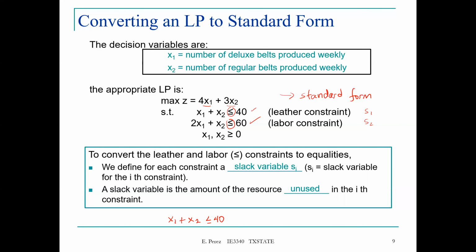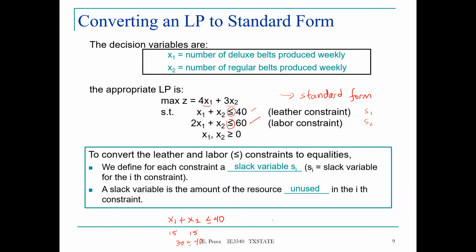And let's say you get to use 15 and 15 yards of leather in your optimal solution. So that's going to be 30, which is less than or equal to 40, okay? The purpose of the slack variable is to tell you how much material was left unused in this case.